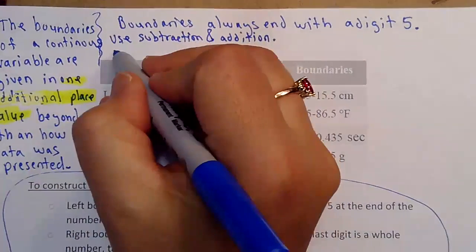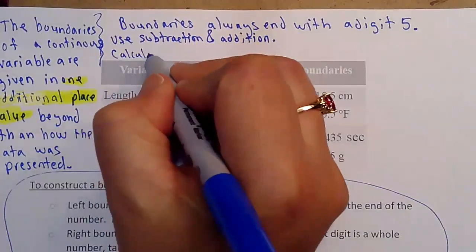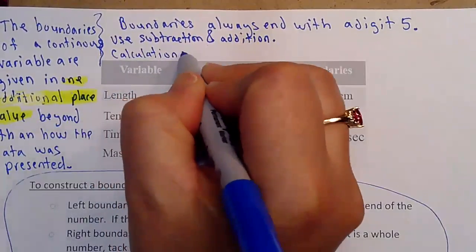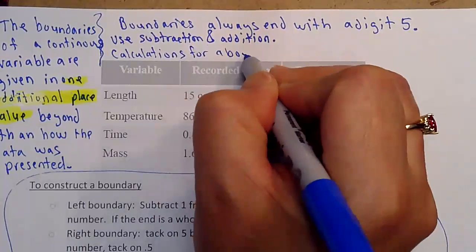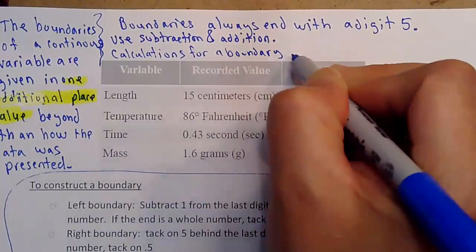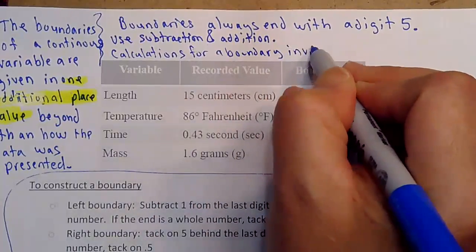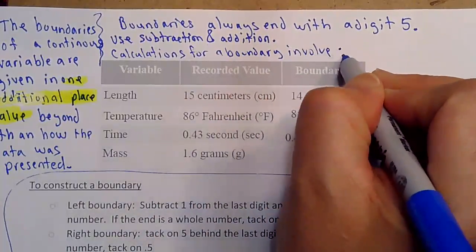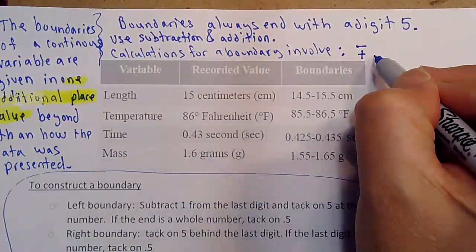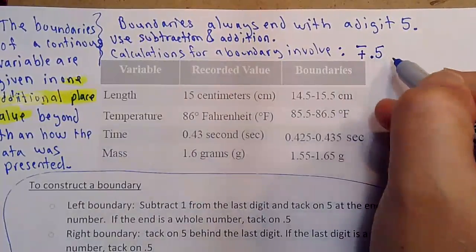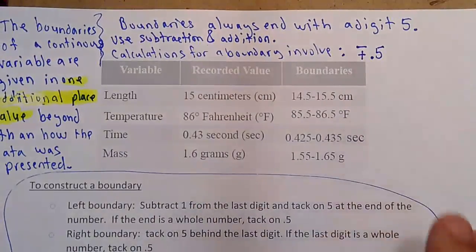So this is what we're limited to. Calculations for a boundary involve either subtracting and adding either the value 0.5, 0.05, or 0.005.